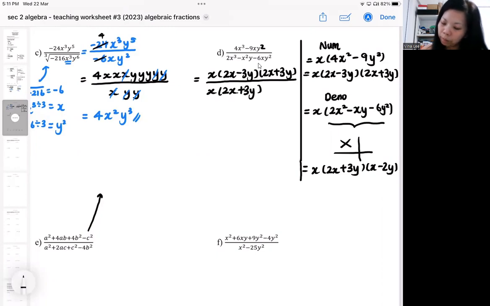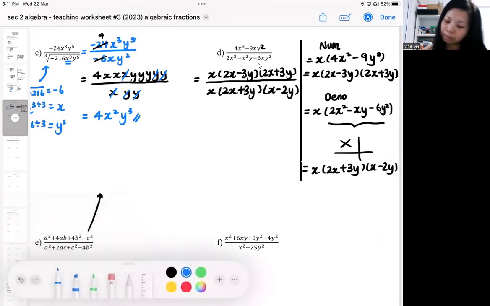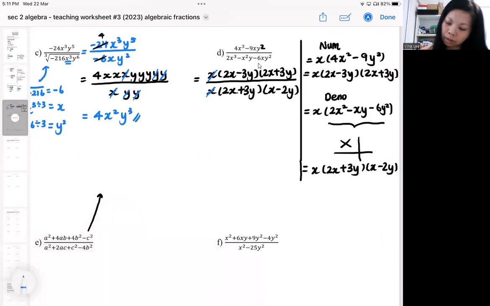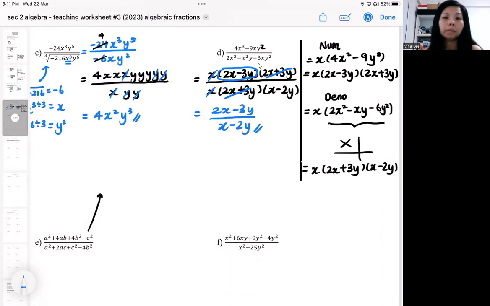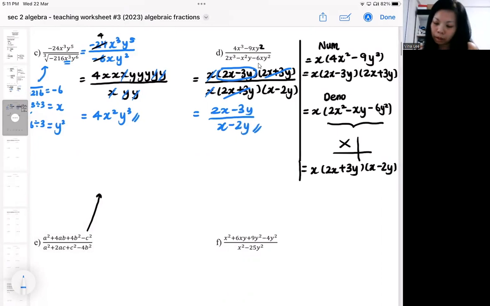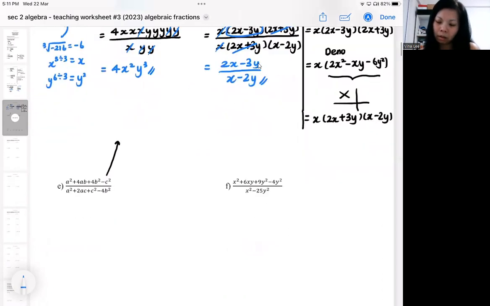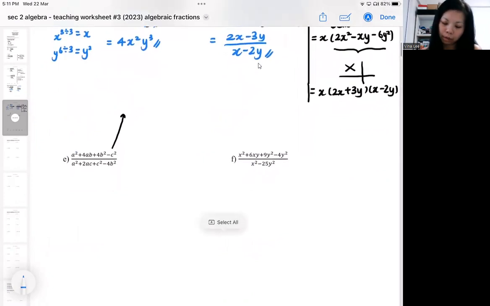Out of the 3 products, let's see which ones you can cancel. You can cancel x, you can cancel 2x plus 3y, and you are left with 1 bracket on top and 1 bracket at the bottom. So the cancellation will be quite plain. The challenge will be the factorization.